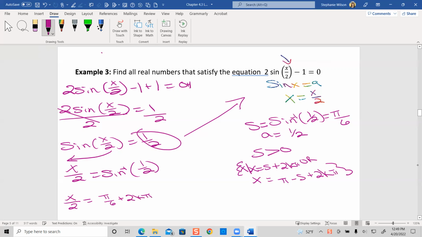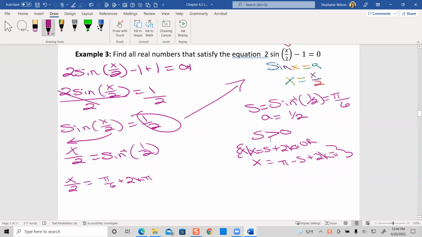Okay, that's just to define the very smallest one. So when I do that, I need to multiply both sides by 2 because I need x by itself. So now I have x is equal to, well, the 2 and 6 reduce, and that gives me pi thirds plus 4k pi. So this is going to give me my very smallest one.